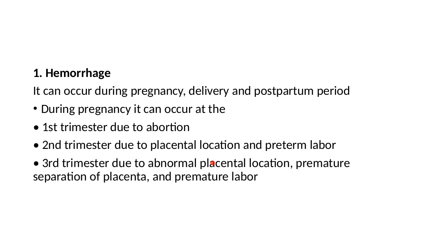In the second trimester, it can be caused by placental location, the placenta trying to relocate, and preterm labor, that is labor occurring before its time. The third trimester is due to abnormal placental location. If the placenta is not located where it is supposed to be, then you can have hemorrhages or even premature separation of the placenta from its attachment and premature labor.